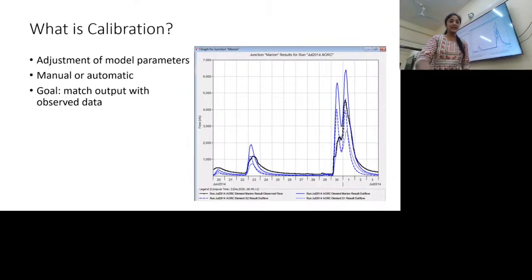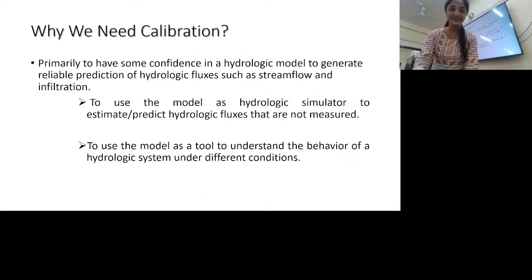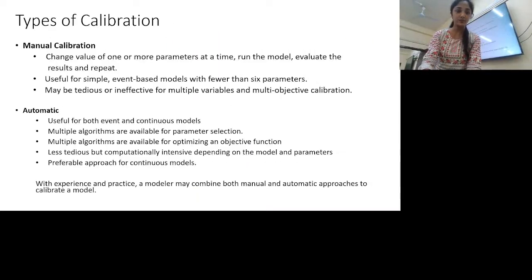So the same thing: calibration means adjustment of model parameters. I am giving you the example of curve number. There are a lot of parameters available, but for that we have to study the manuals. And why we need calibration? Same, I will not go into it. There are two different types of calibration: manual calibration and automatic calibration.